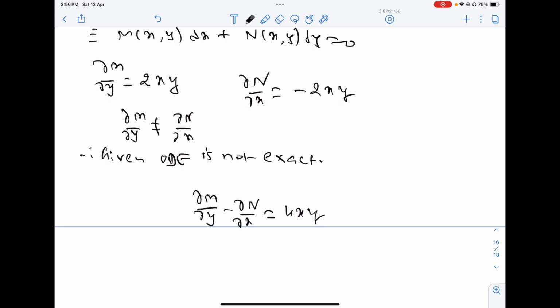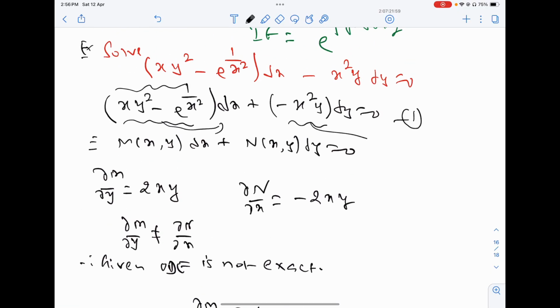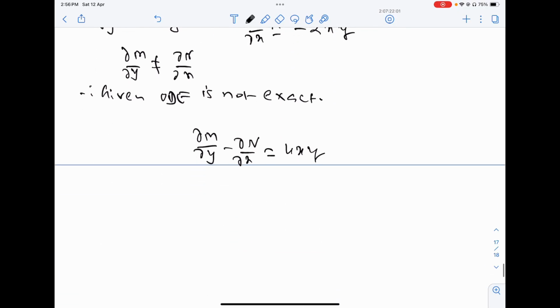If we divide this 4xy by x square y, it turns out to be a function of x only. So let us take 1 upon N times del M by del y minus del N by del x.